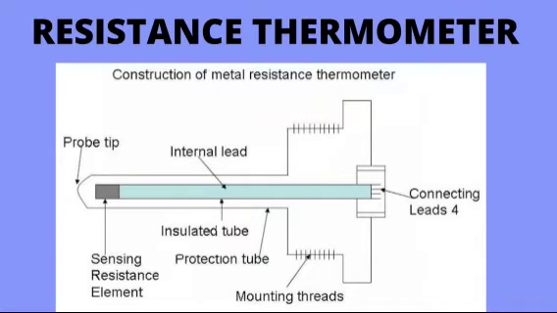Then we go to the resistance thermometer. The resistance thermometer deals with the increase in resistance of a metallic object when there is an increase in temperature. So when the temperature it is used to measure increases, the electrical resistance of the object increases.